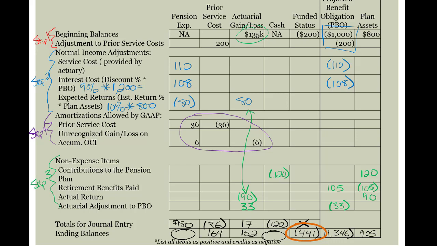I never did an entry for this $200 change when I renegotiated my contract with my employees. And that changed my other comprehensive income for prior service costs. And because I don't have a PBO account, it will also change my net pension obligation, because that's where I keep track of the PBO and the plan assets. So let's go ahead and do that journal entry.